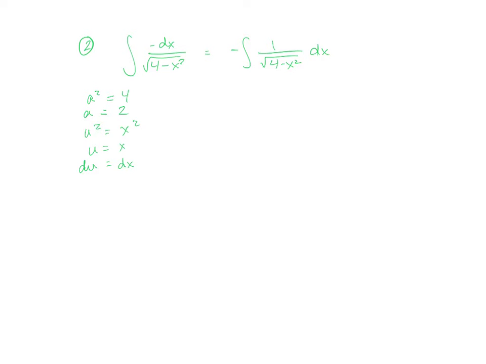So let's rewrite this in terms of what's happening here. I have the negative sign, and I have 1 over the square root of a squared minus u squared, and instead of this dx, I now write du.